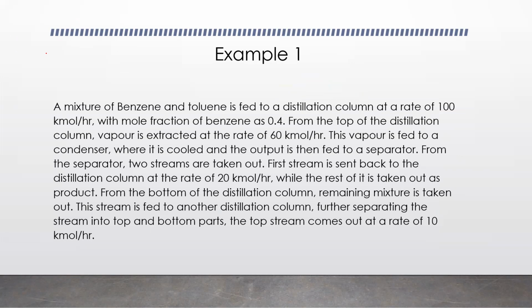So let's see. A mixture of benzene and toluene is fed to a distillation column. First unit, distillation column. So let's make the first unit, distillation column. And this is my distillation column.